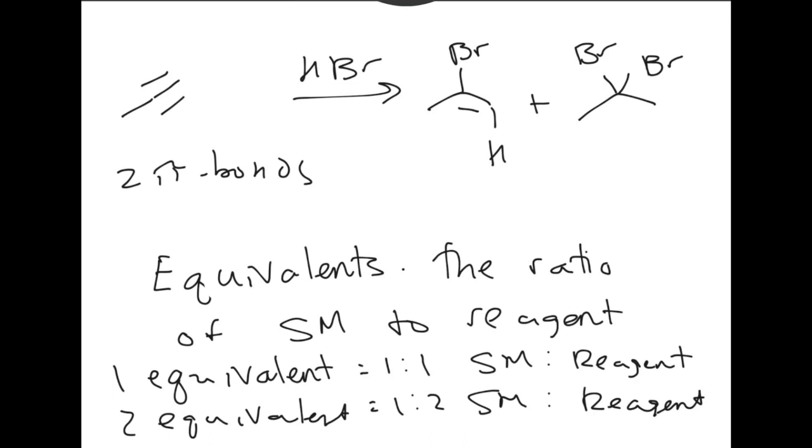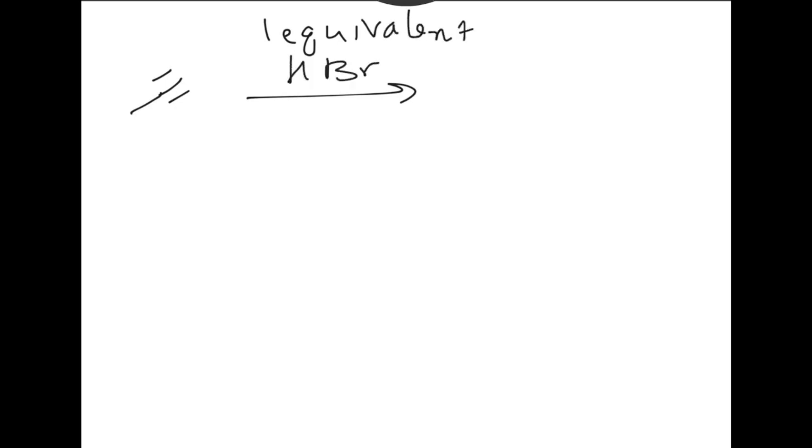So if we look at a reaction, if I have one equivalent of HBr, let's say that means I have 1 mole of HBr, and that means I have 1 mole of starting material. Again, not a trick question.